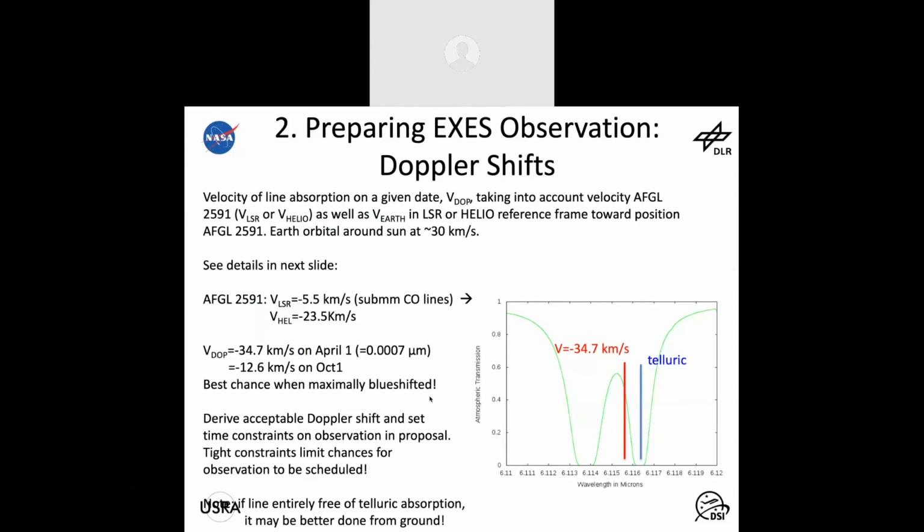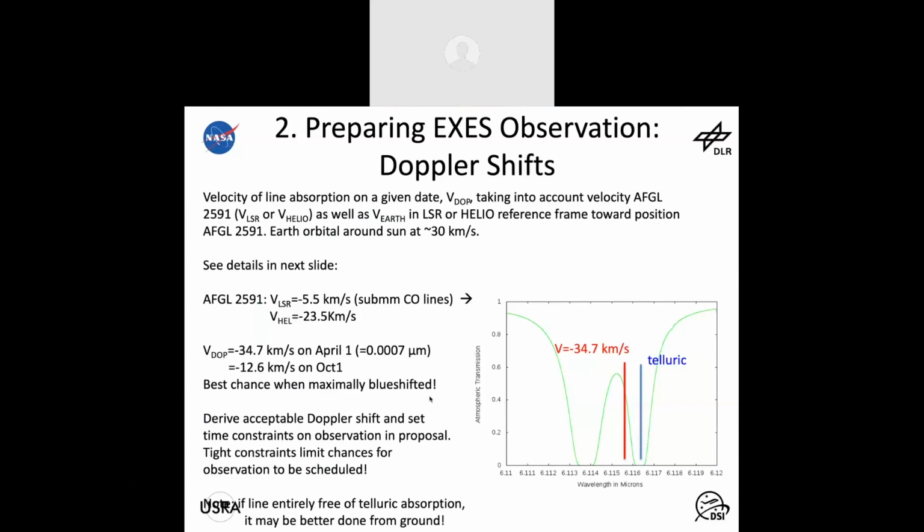I have the tools that I use for this calculation in the next slide, but I won't go through it in detail. And once you know that it's on average blue shifted by about 24 kilometers per second, look at the seasonal variations due to the orbital motion of the Earth and add it to that total.